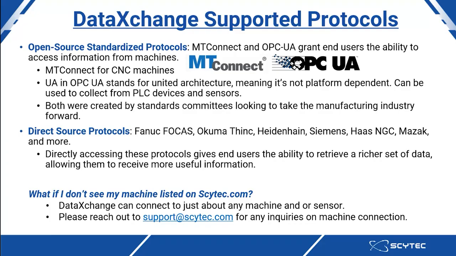MTConnect, as I mentioned earlier, is meant for CNC machines, and the OPC UA platform is more geared towards collecting information off of PLC devices as well as sensors.